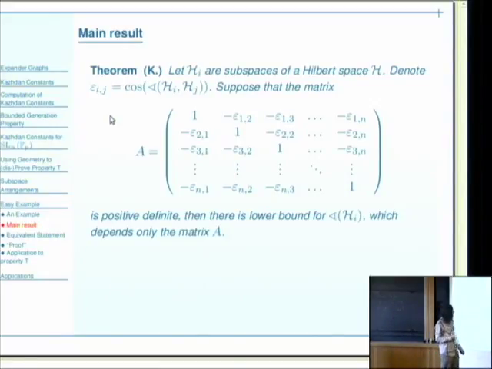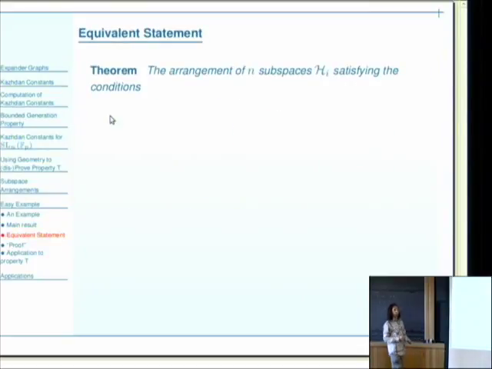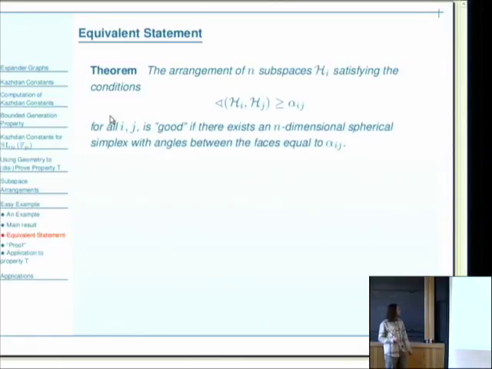And actually what it turns out is that, let's translate this into geometric language. Suppose that you have n subspaces, and you have bounds for any two of them. The correction is good if and only if there exists an n-dimensional spherical simplex such that the face angles are exactly these.